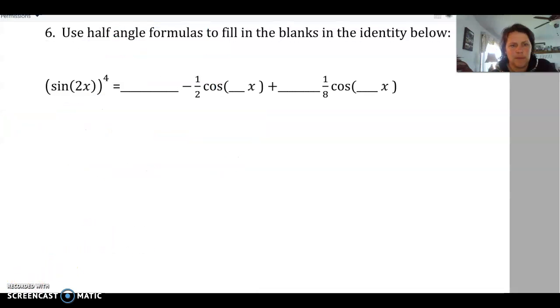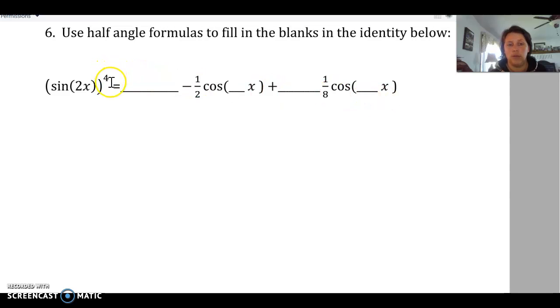All right, example number 6. We are given an equation, sine of 2x to the 4th power this time, and they want us to expand it to this format. First thing I want you to notice is that there are no exponents. So we are going to have to use this power reduction formula, or I should say the half-angle formula, to reduce power.